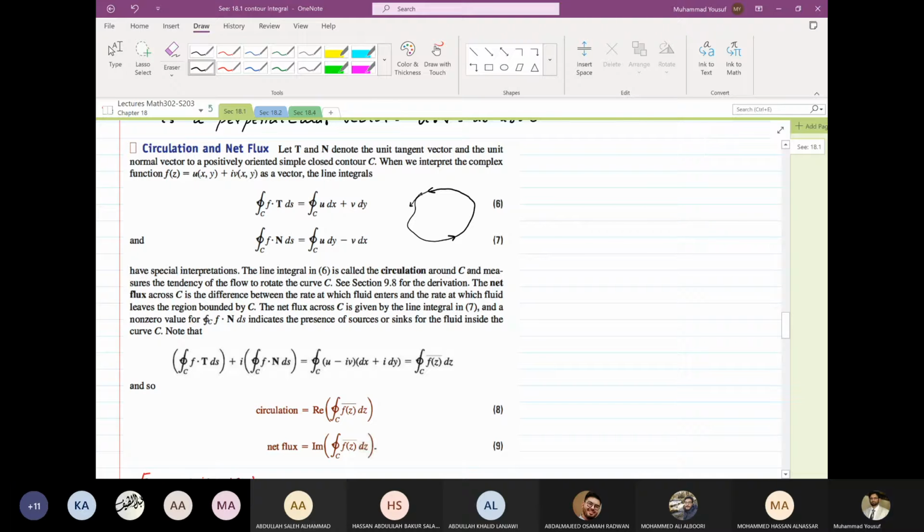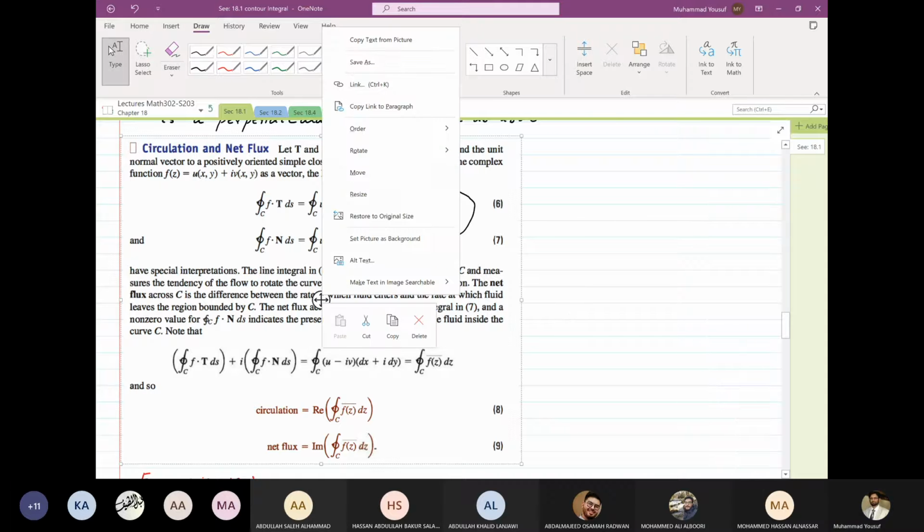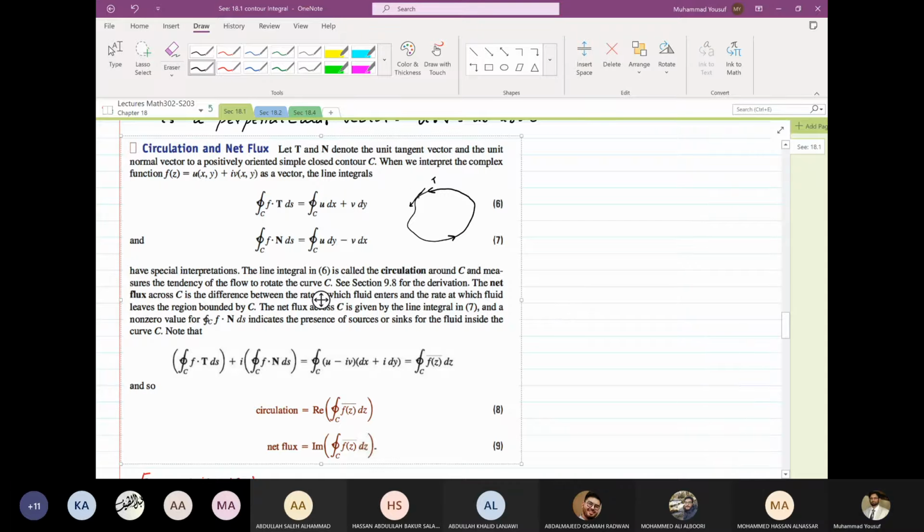So this is capital T. And then vector N is a vector which is perpendicular to the curve.